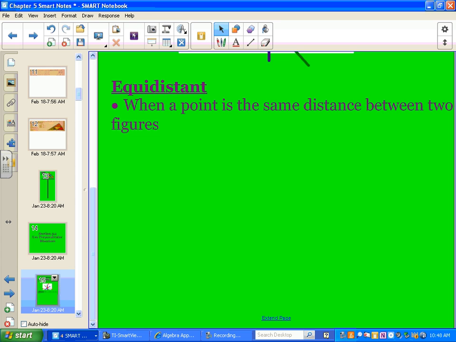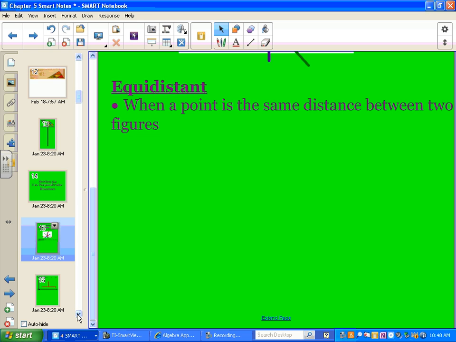This is when a point is the same distance between 2 figures.